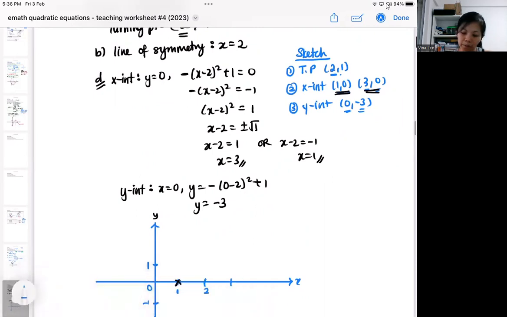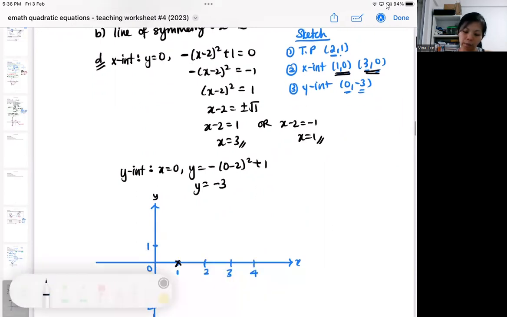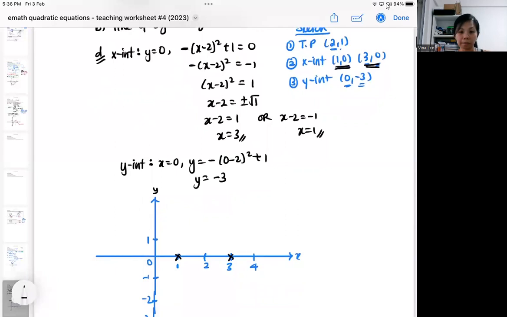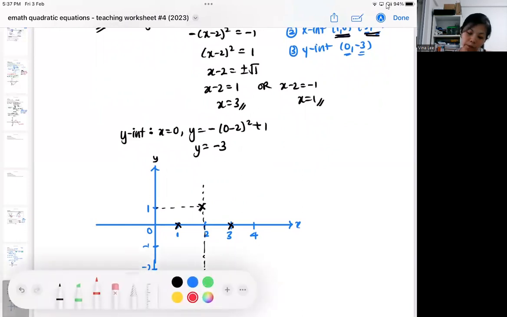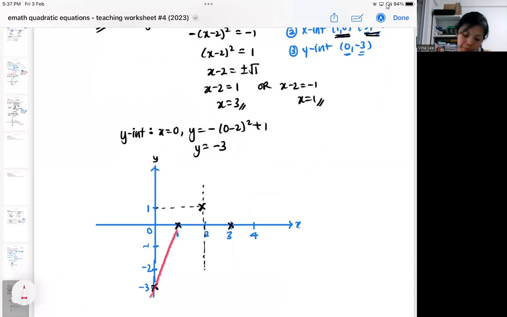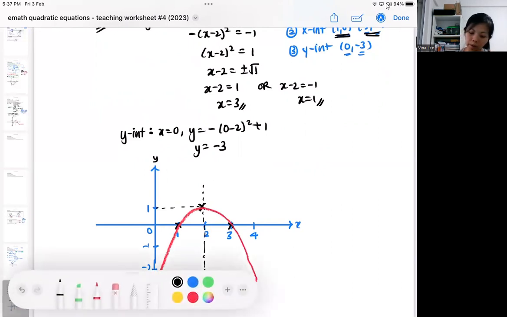That's why it looks a bit confusing. It should be 1, 2, 3, 4. My intercept is here. Then this is my line of symmetry. My turning point is here, and my y-intercept is here. So again, I'm going to join them up. That will be the equation that I wanted.